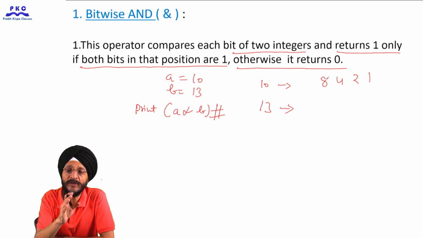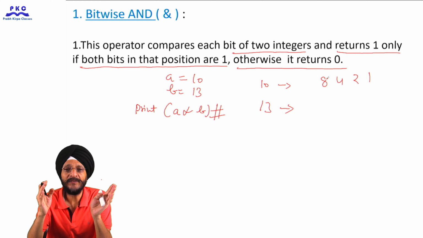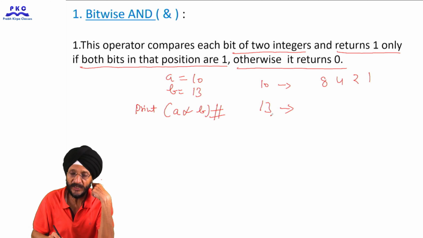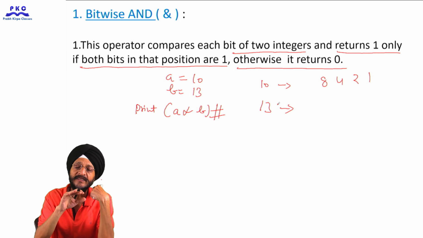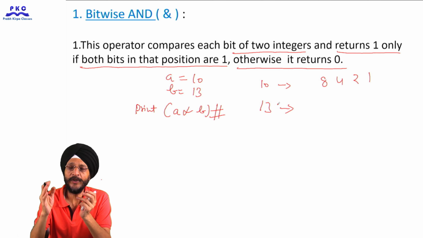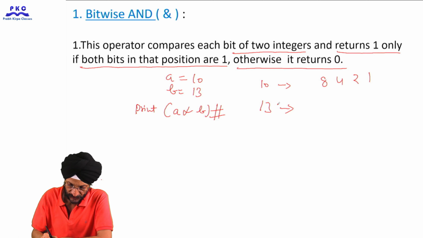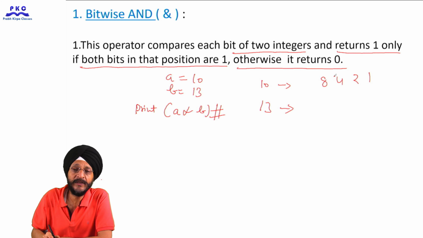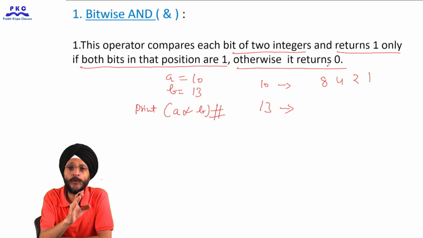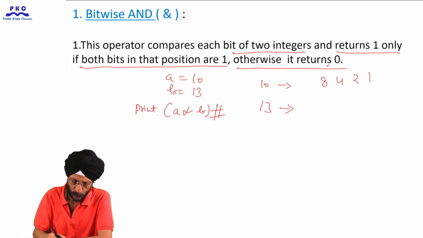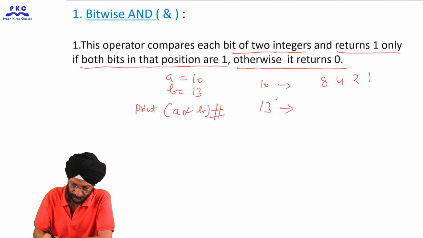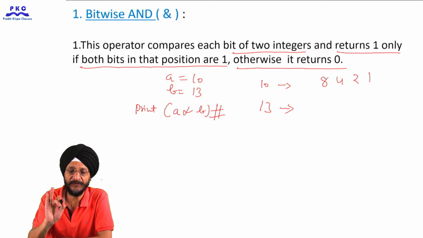We will go on writing these numbers from right to left until we get a value equal to 10 or 13 or less than that. If we go on, 8 into 2 is 16, which will be more than both these numbers, so we need not go beyond that. Up to 8 it is sufficient.